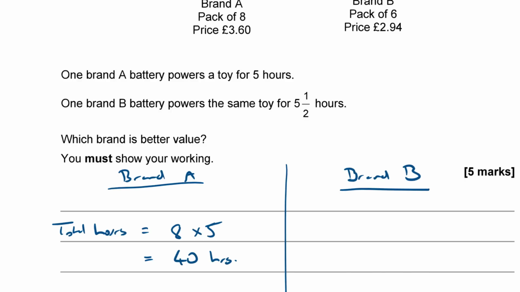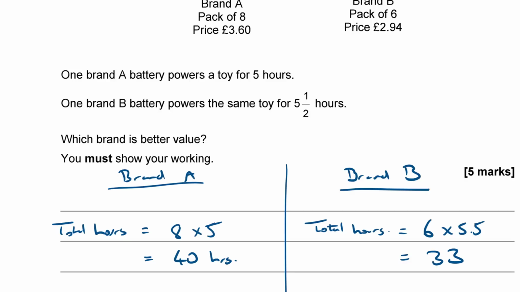Now brand B, I'm going to do the same calculation. So total hours here, how many batteries have I got? I've got 6 in that pack and they last for 5.5 hours. So 6 times 5.5. If you're not sure, you could do it on a calculator. I'm going to double it. So 5.5 times 2 is 11 and then times it by 3, which gives me 33. Or you can put it into a calculator.